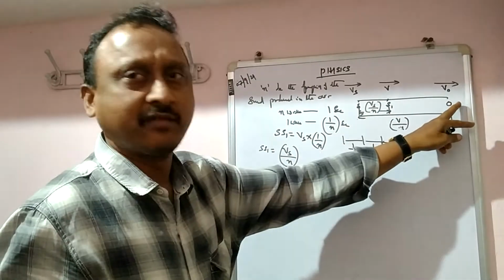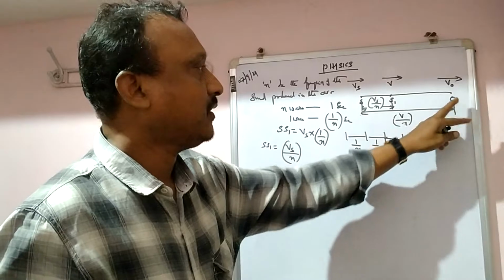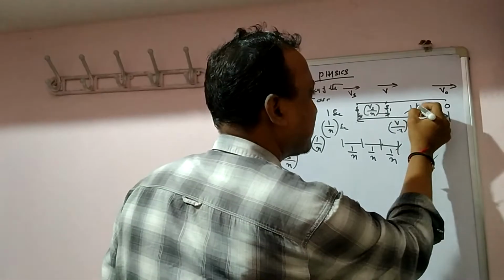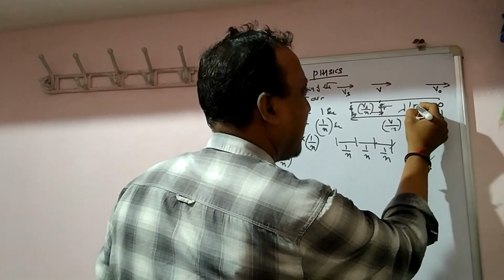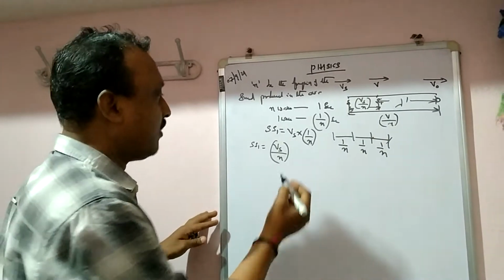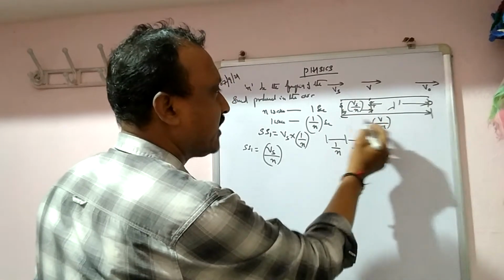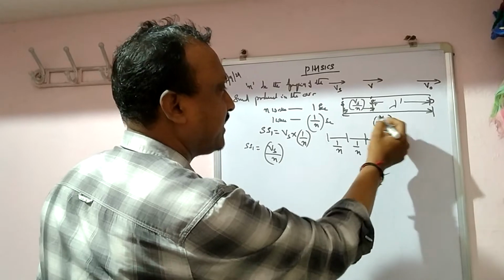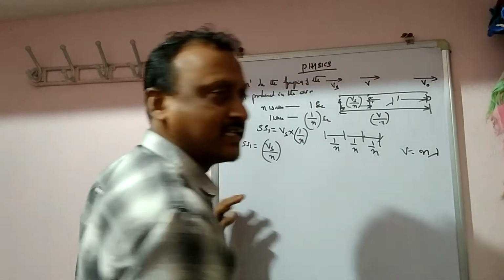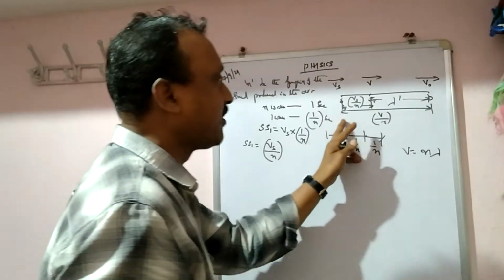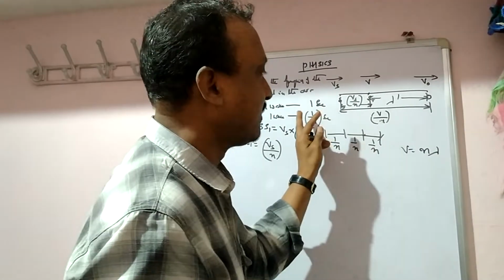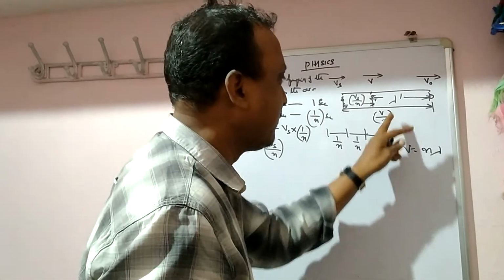Now for the observer at the point O, what will be the apparent wavelength? Lambda dash is the apparent wavelength. SO we can find out: it is V by n, because V is equal to n lambda. SO is nothing but the wavelength, the displacement from S to O, which is V by n.